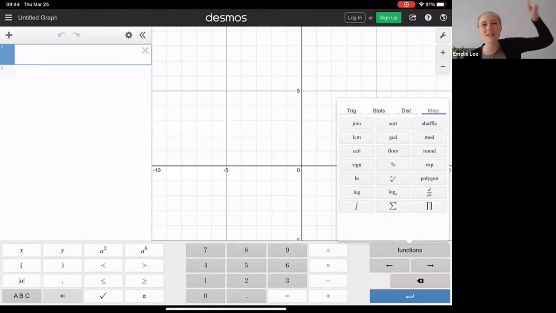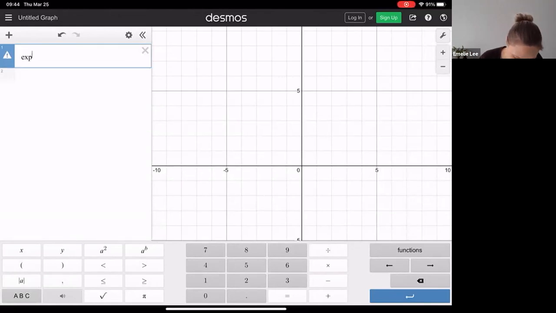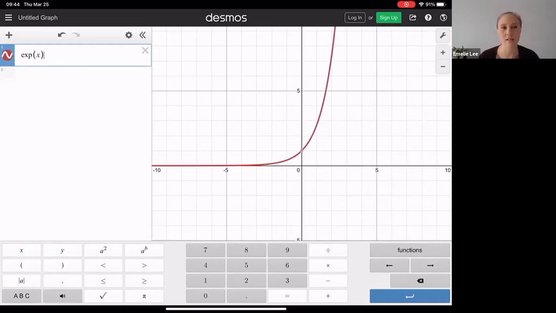I knew we had to use exp. So exp, and then what it wants is exp and then in brackets the power, typically. I wonder if we can use to the power of x. No, it doesn't like that. So then bracket x, it does like that.